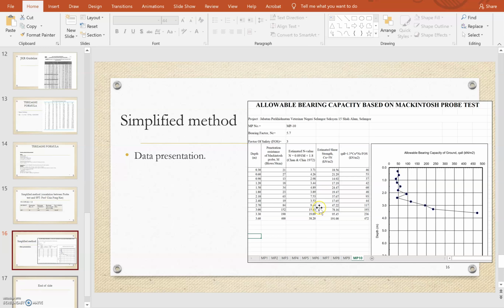Each MP will have a certain depth, so please calculate or set the formula for the overall depth. Maybe at MP7 the depth is only up to 2.7. So please calculate and represent all the data at each depth. And then this data is tabulated into a graph.